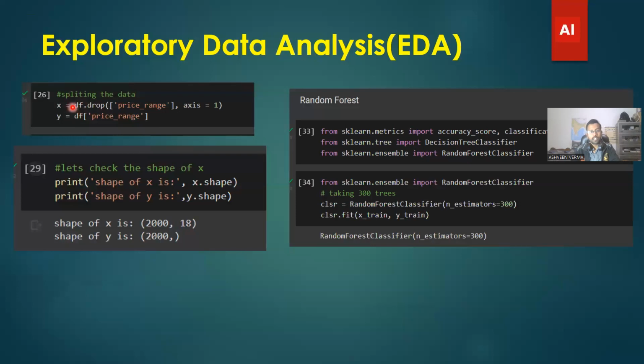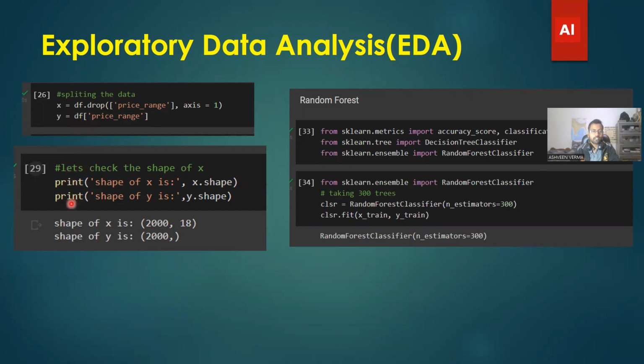It means df is my data frame, and here I have dropped the price range column and taken all the remaining 20 columns, and the price range I have given to y, because we have to predict the price range of the phone.